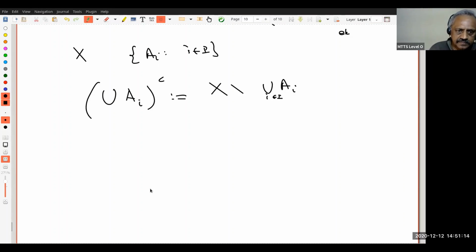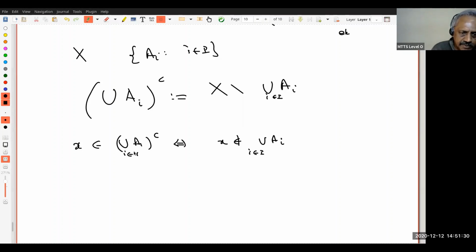Let us understand. Now, x in the complement of the union of A_i is the same as saying x is not in the union of A_i, i in I. I'm not writing i in I everywhere, but if you want, you should write that. What does this mean? This means I claim that for every i, x is not in A_i.